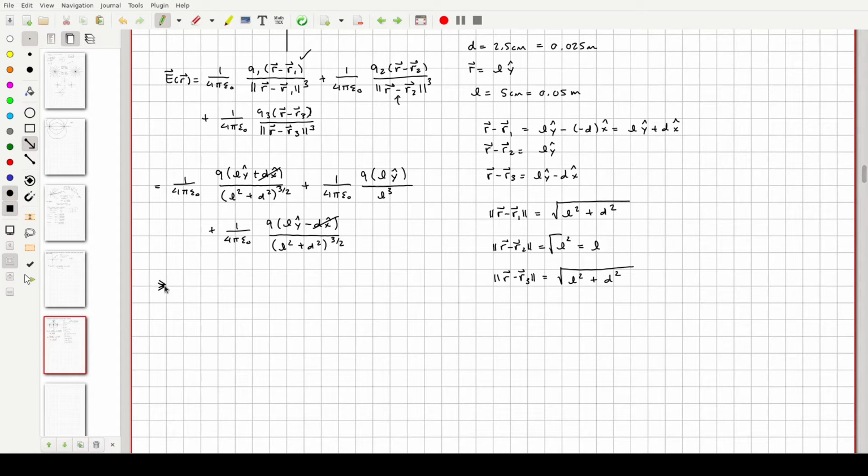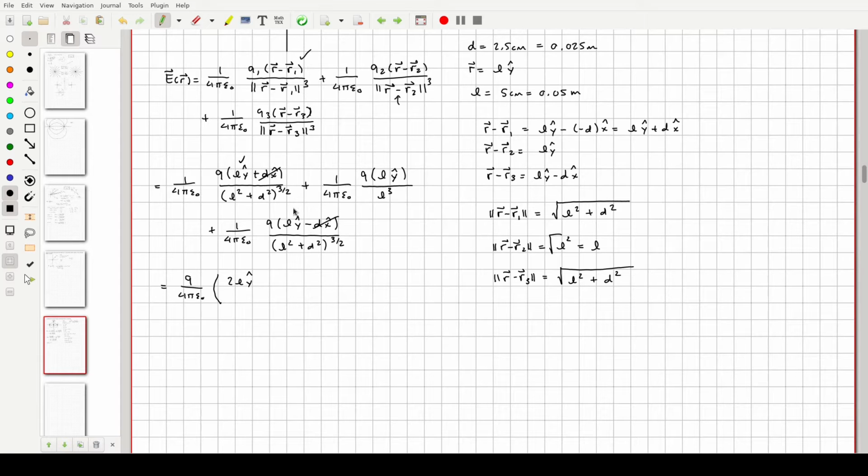So when you write this out, you get 1 over 4 pi epsilon naught q. Actually, I'll tell you what, I'm just going to write the 1 as q. I want to pull the q out of everything. I have 2 Ly hats.